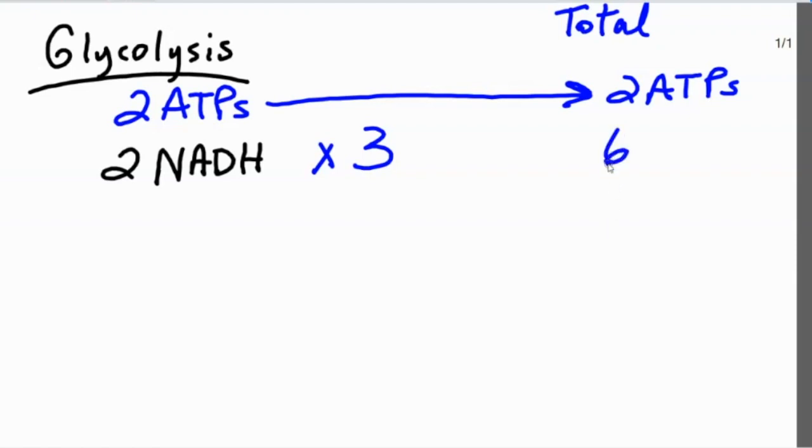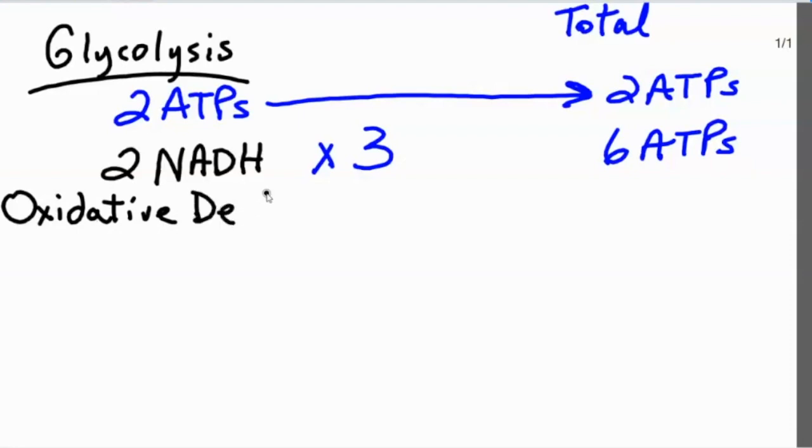So over here, this would lead to 6. Well, that's it. That's it for glycolysis. I'm going to abbreviate that. Oh, let's put decarb. At least we'll go that far.